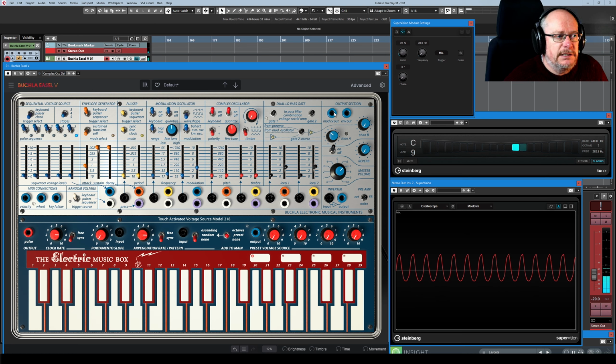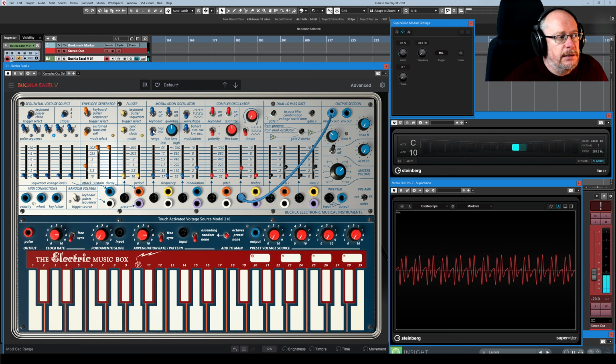But if I take a jack out of this socket up here that says mod CV out, the modulation oscillator's control voltage out, if I take something from there and plug it into the complex oscillator's timbre modulation, now I've got modulation capability over anything I want.